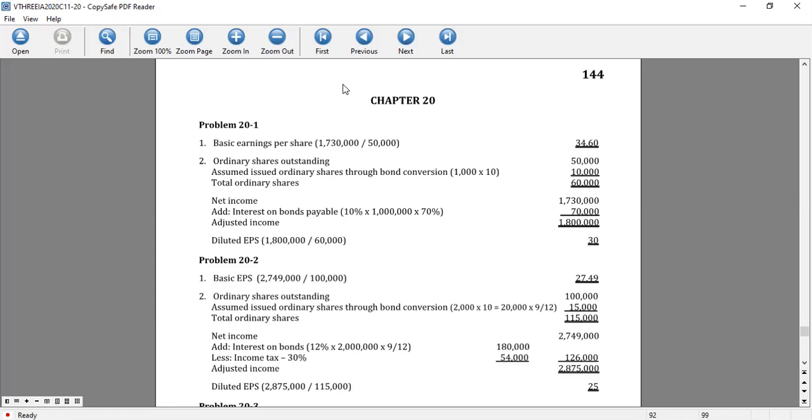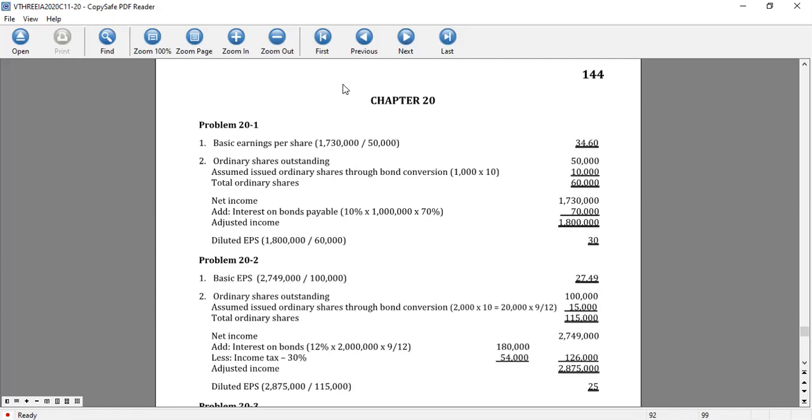As if the share options and warrants are exercised. So now we go to the problems. At least we will be able to identify the computations of diluted earnings per share.